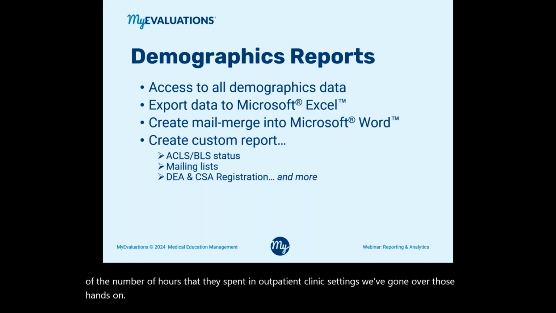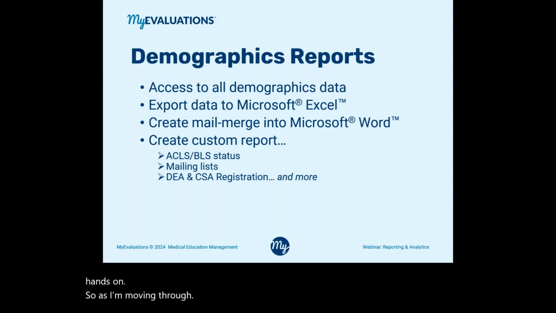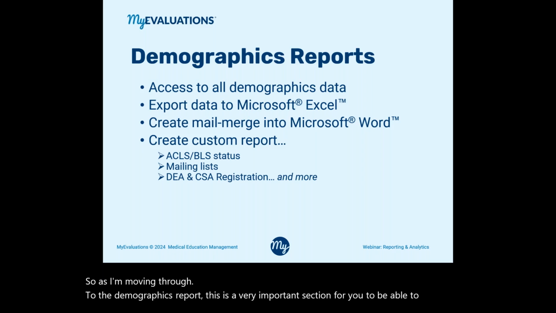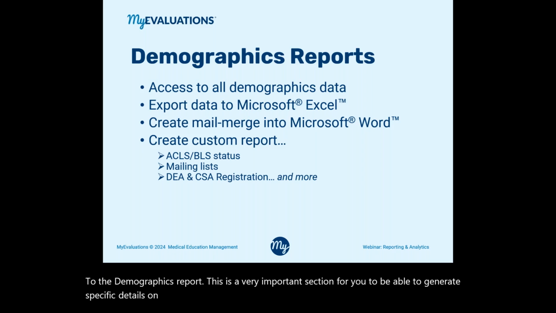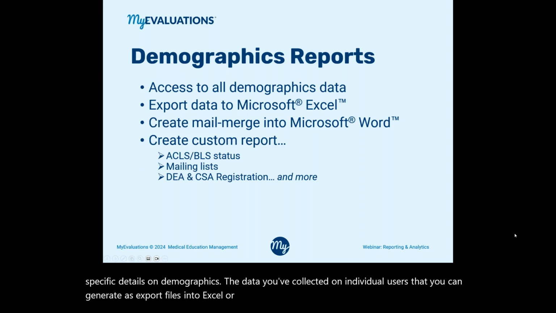So as I'm moving through to the demographics report, this is a very important section for you to be able to generate specific details on demographics, the data you've collected on individual users, that you can generate as export files into Excel or export files for a mail merge into Microsoft Word.